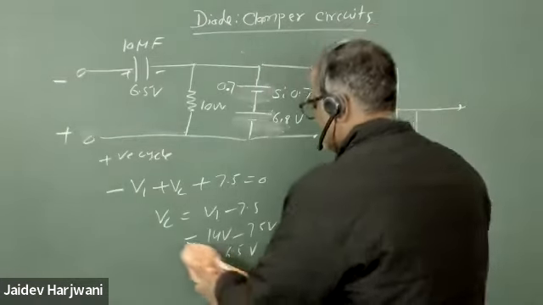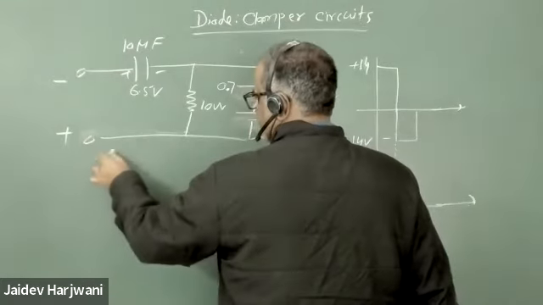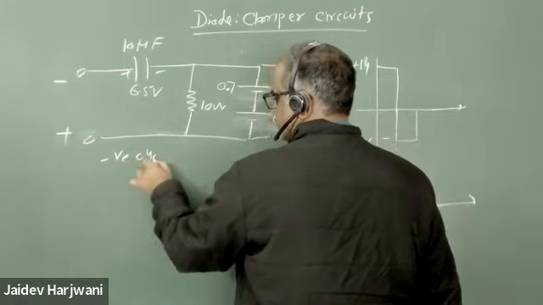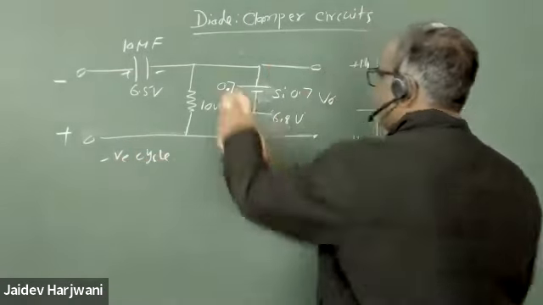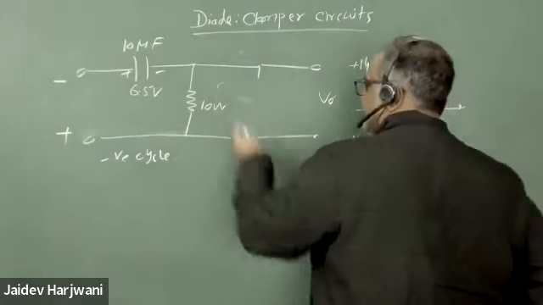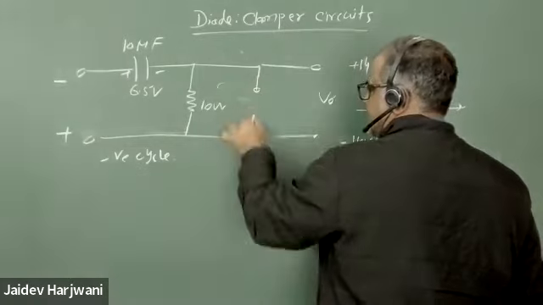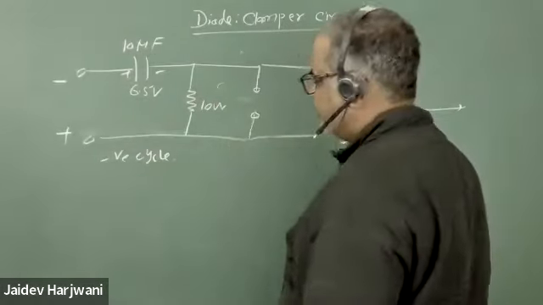Now if I put the reverse bias for the negative cycle, how should I write the equation? This will become open because both will be open. Because this diode is open, obviously no current will flow in the circuit.